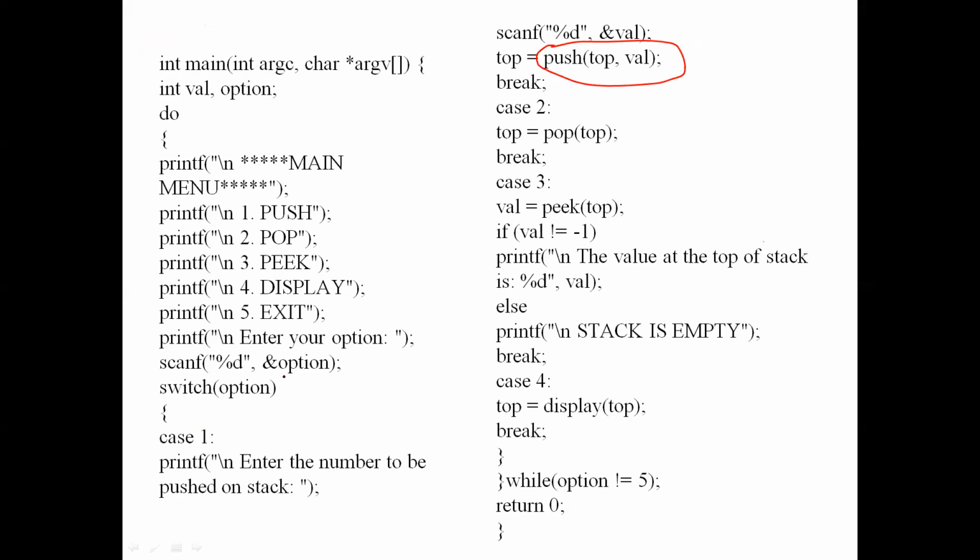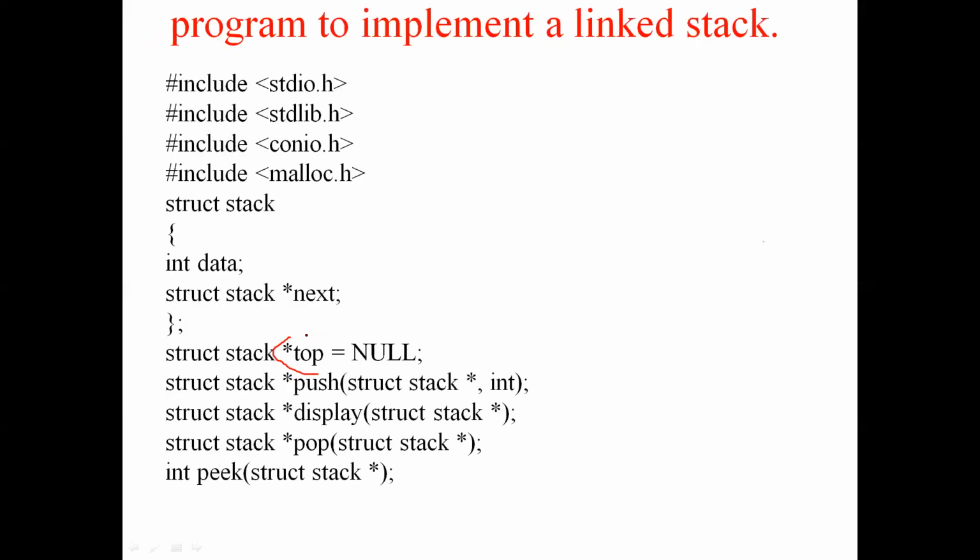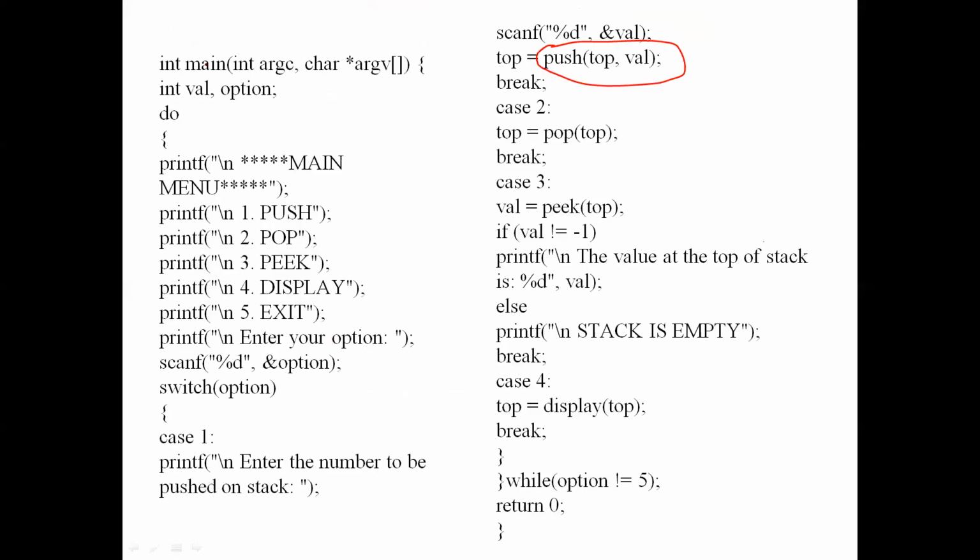Top is a global variable. It can be used anywhere in the program. You know the difference between a global variable and a local variable, right? Whatever I declare outside the function I call a global variable. This top variable can be used anywhere else.